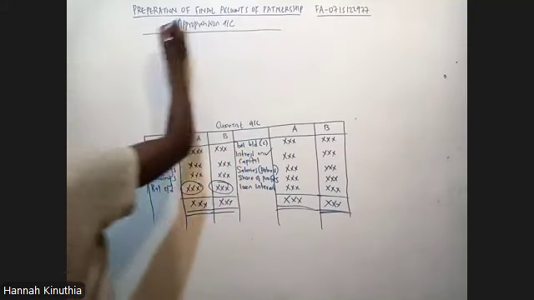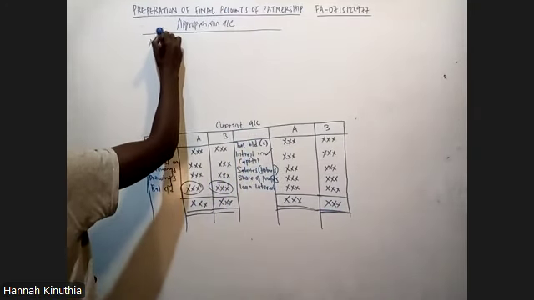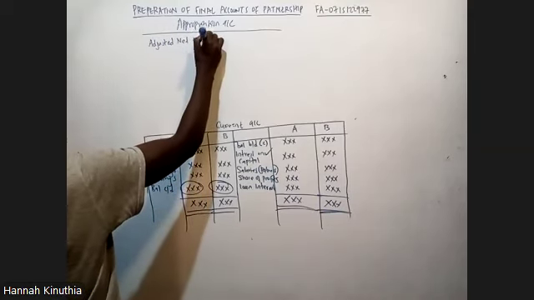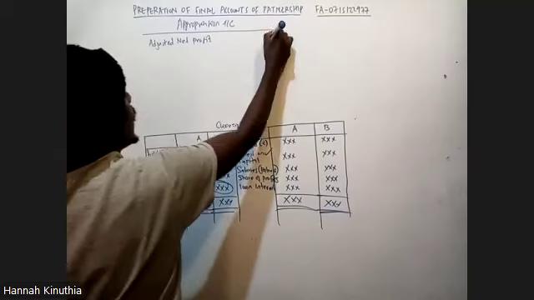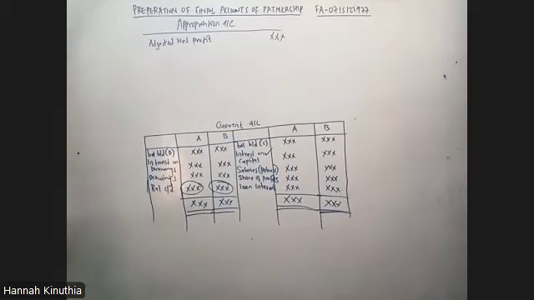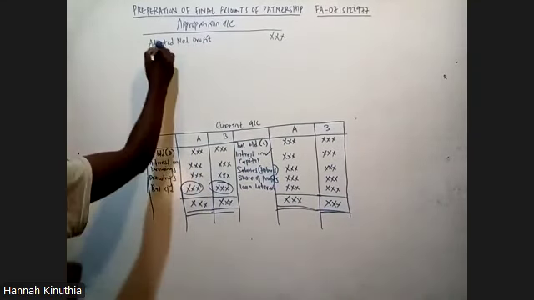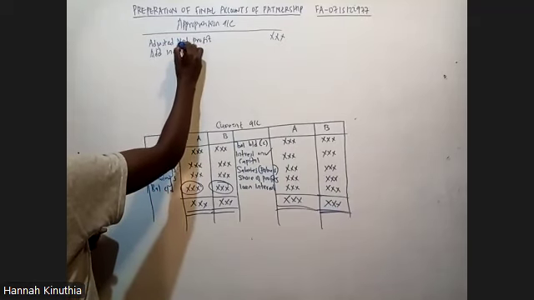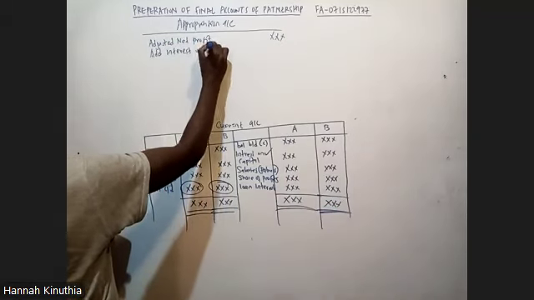Now you start with our adjusted net profit. So we usually start with the adjusted net profit. Then we add interest on drawings.